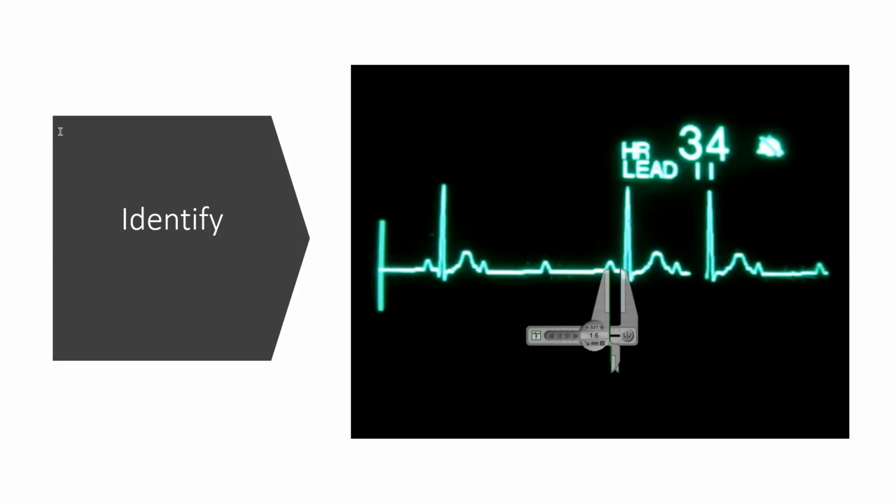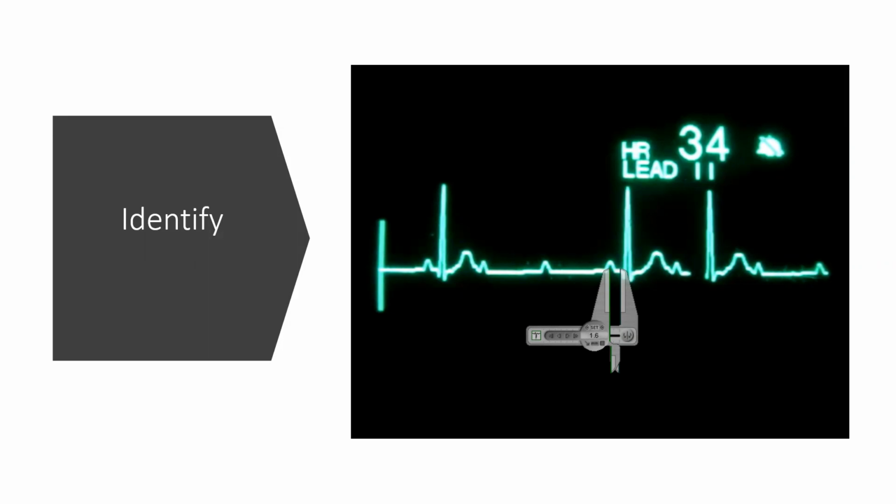So about 70% of the time, the block occurs below the bundle of His, which is going to produce a wide QRS complex. Now, in around 30% of the time, such as what happened over here, the block occurs in the bundle of His, which is associated with, therefore, a narrow QRS complex.